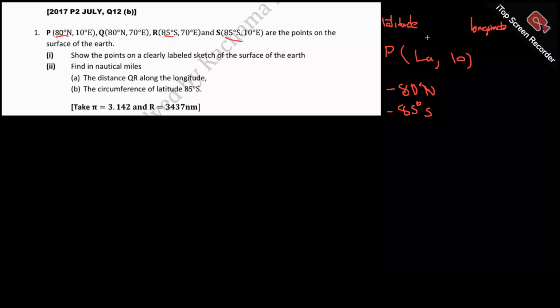What about the longitudes? The longitudes are going to be the last part. Coming here, the first one is 10 degrees east. What about this one? It is 70 degrees east.